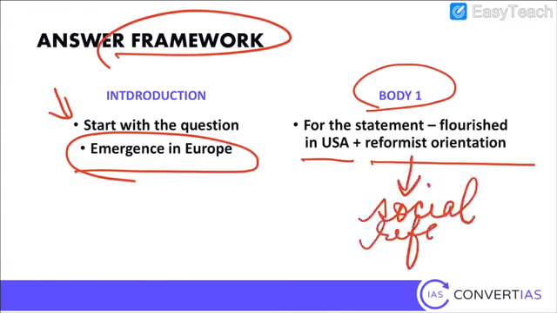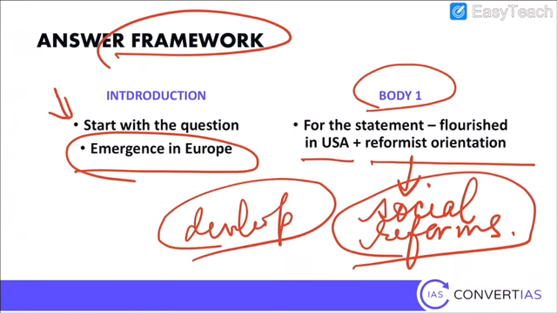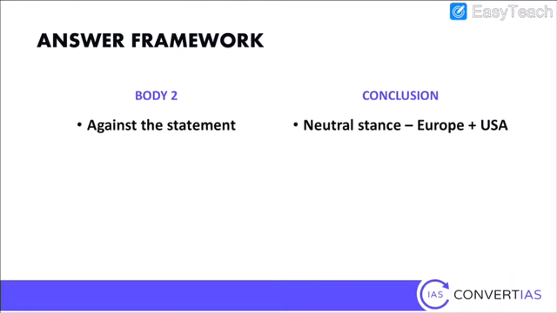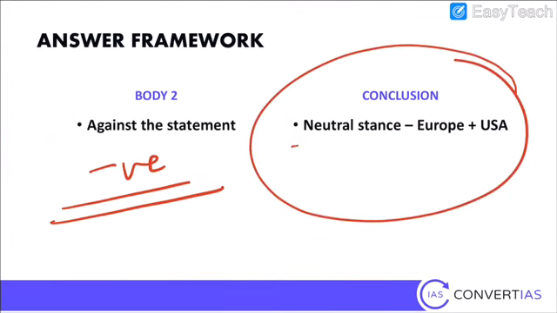It means bringing about certain changes in society in order to help society develop positively, or to make sure certain evils or oppression are not present in society. That is a social reformist orientation. In body 2 you are going to write against the statement, and finally you are going to end it with a neutral stance.